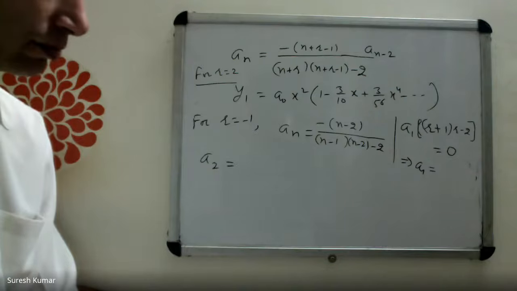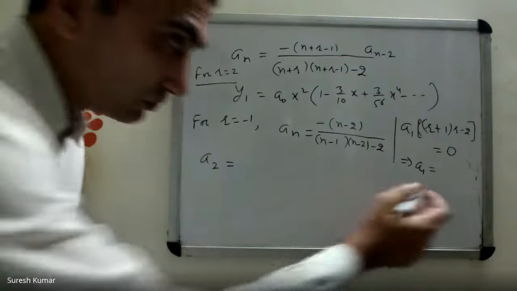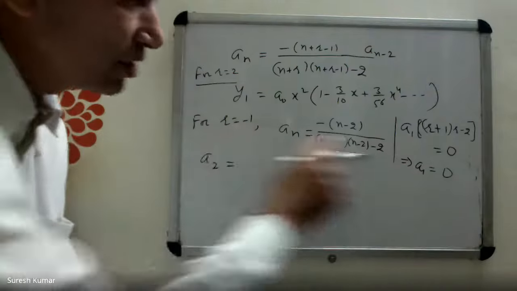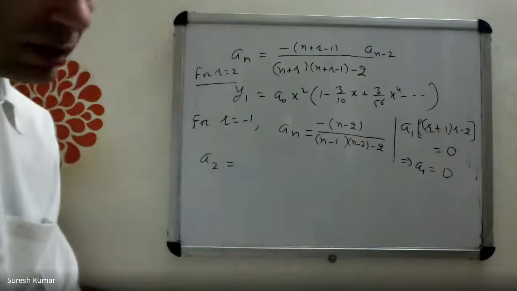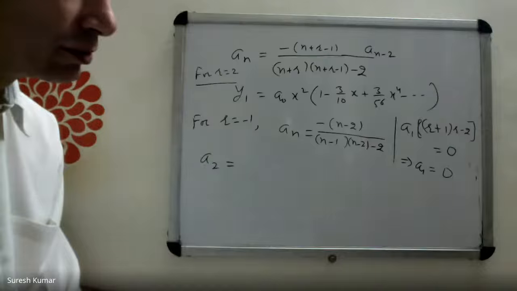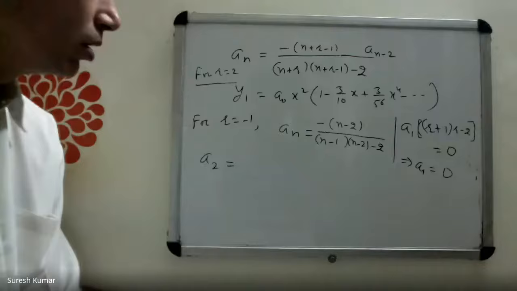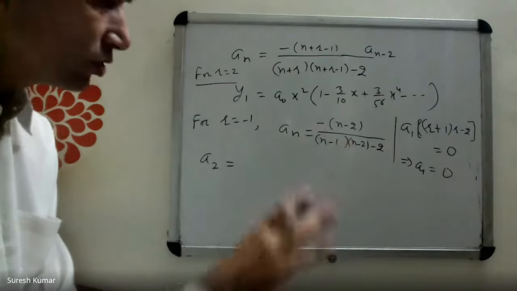When r is minus 1, A1 is 0, right? Yes, sir. Okay, so A1 is fixed. Now we are sure that A1 is 0.